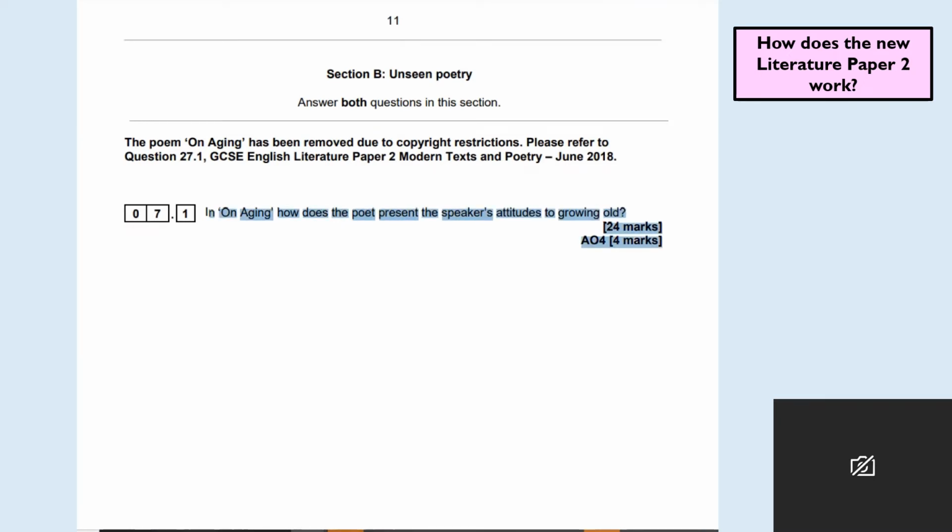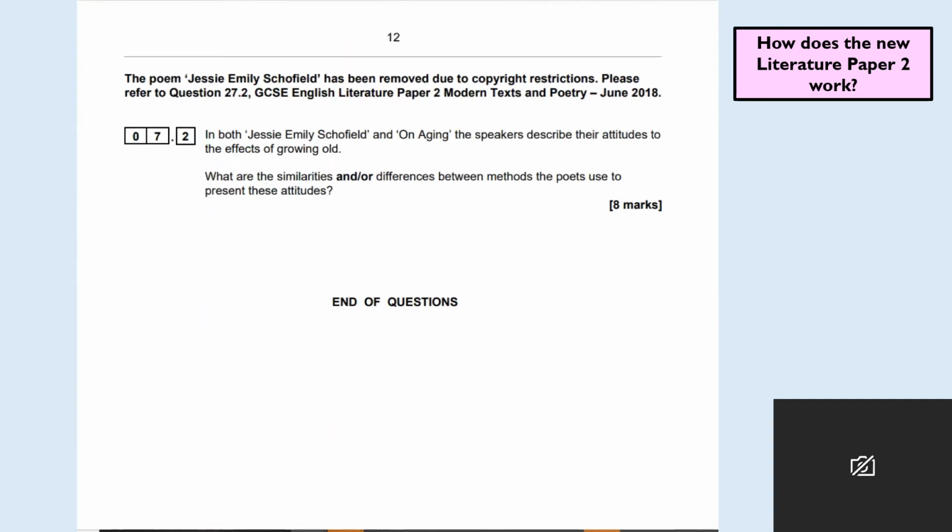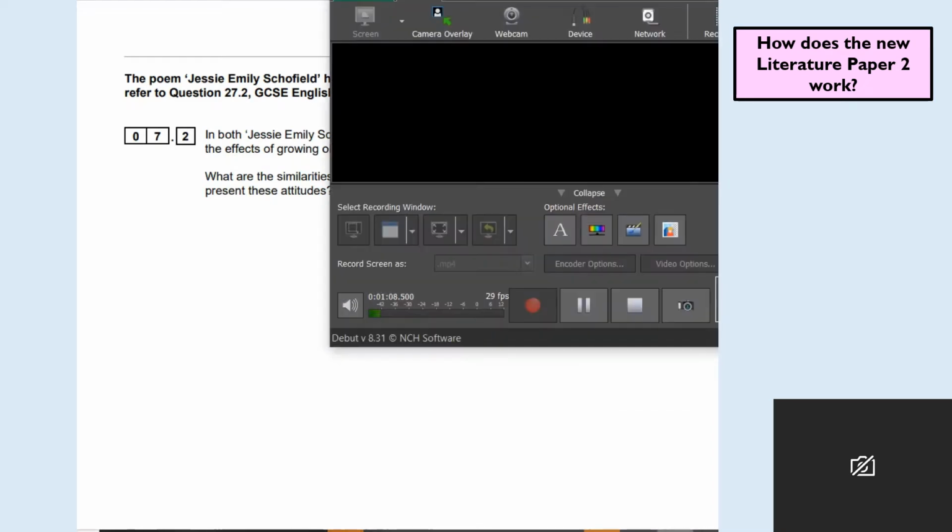You'll see here that it will have a question like this, looking at one poem for 24 marks and 4 marks for SPAG, and then you'll have a really short 8-mark question looking at the similarities and/or differences, so you can do both, comparing 2 unseen poems.